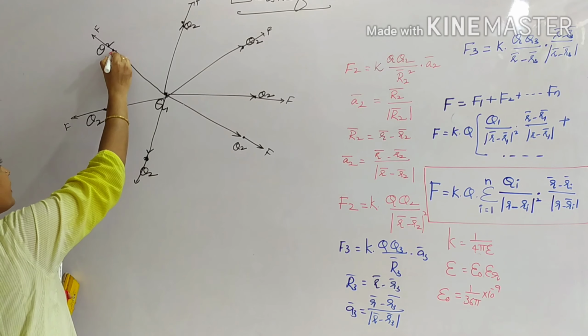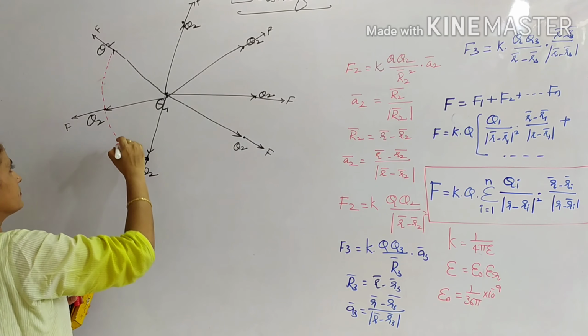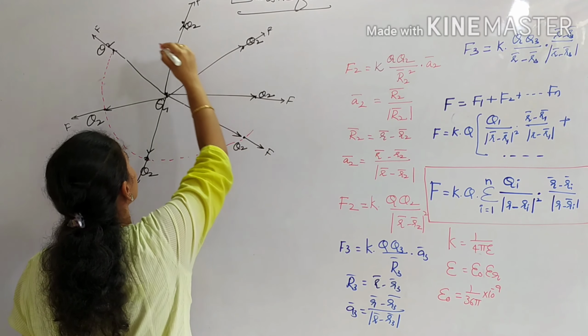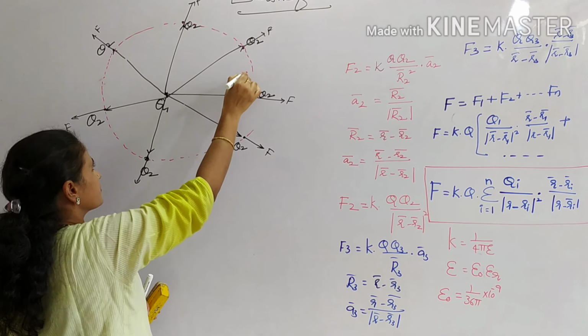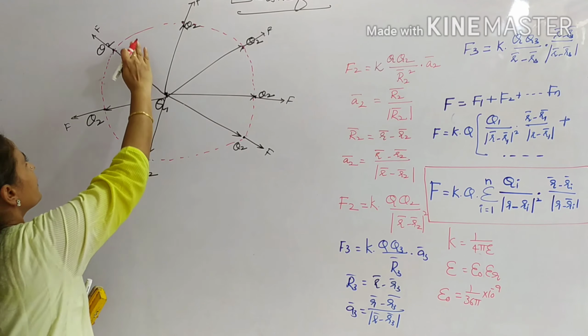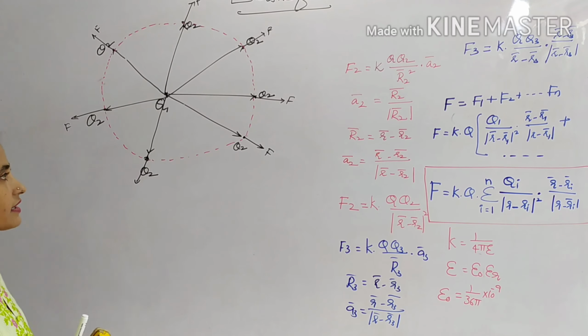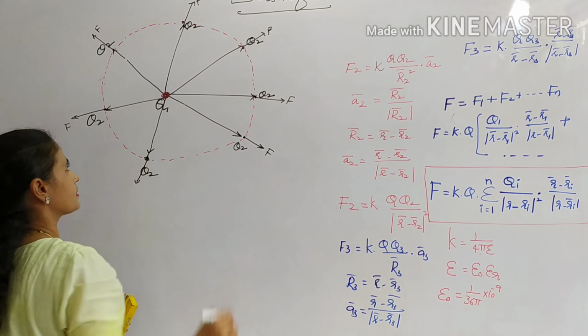So now if I combine all these points together, here it is showing some region, right? The region may not be a circular path, but in most cases we will consider the circular path only.